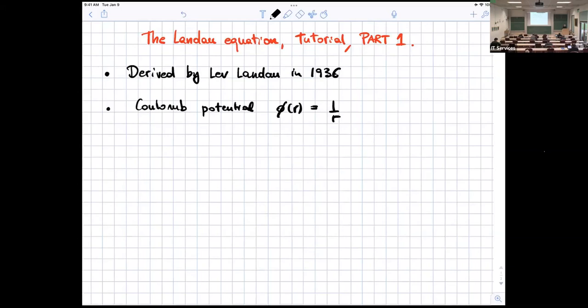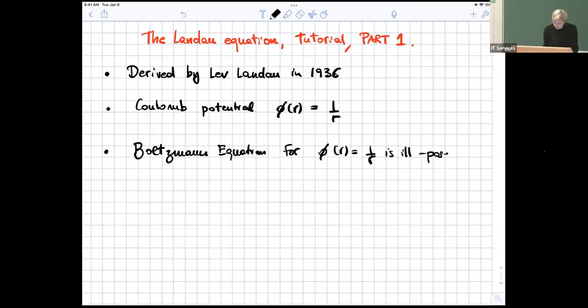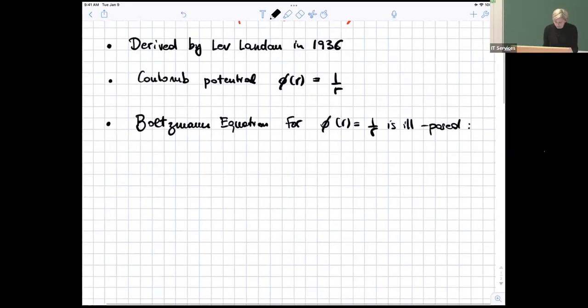The mathematical reason is actually a very simple computation. So the Boltzmann collision operator for Coulomb is ill-posed, and the reason is the following.